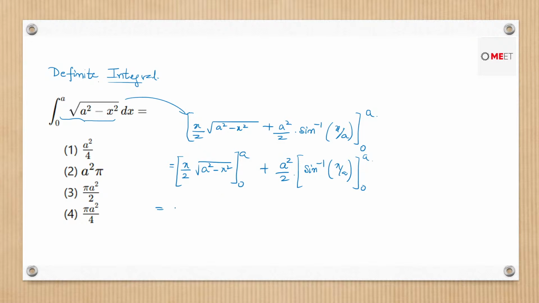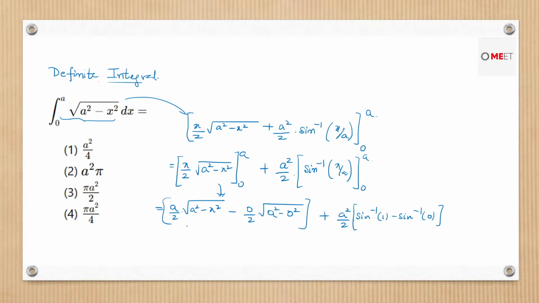So this is a by 2 into root over a square minus a square, minus 0 by 2 into root over a square minus 0 square. This is for the first term, plus a square by 2 into sine inverse of 1 minus sine inverse of 0. So this left hand term will be totally 0.